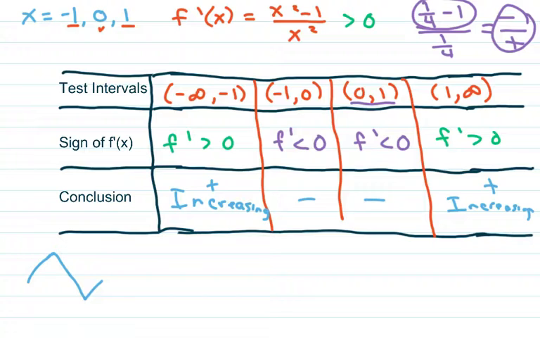Now we have to find our relative min and max if we have it. So we're plugging in our endpoints, which are negative 1 and 1, because we don't have to plug in 0. And we're plugging into our original equation.